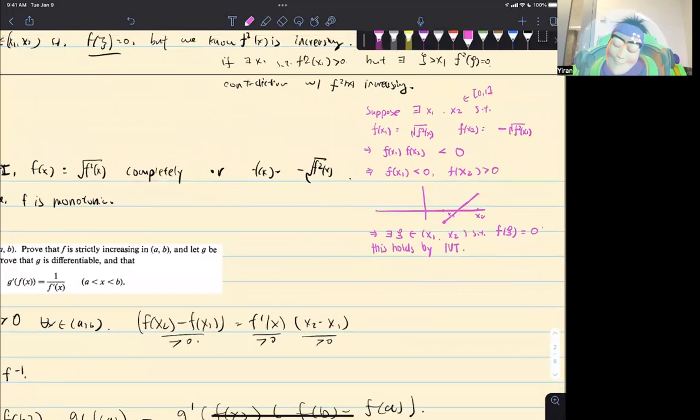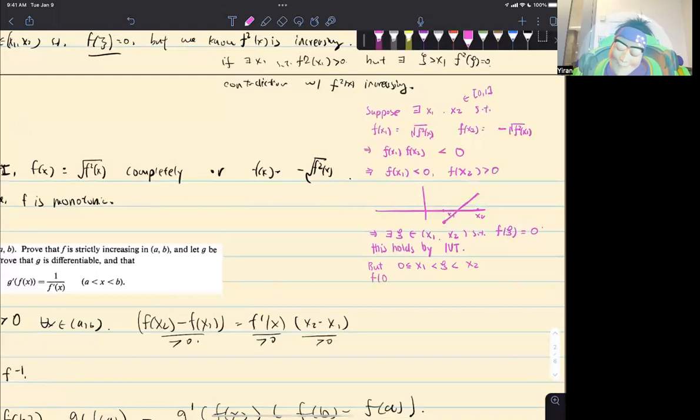And then once we have that, we should reach a contradiction. Why? So, 0 is smaller than x1, smaller than c, smaller than x2.